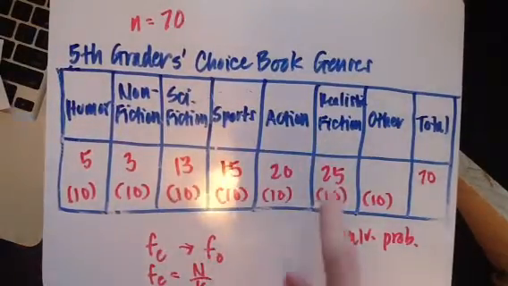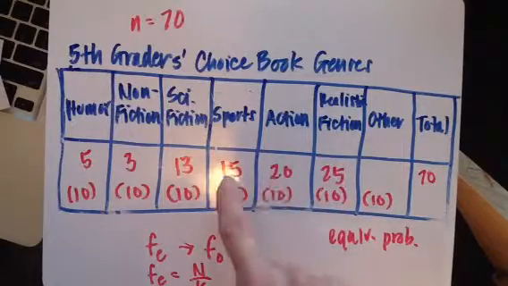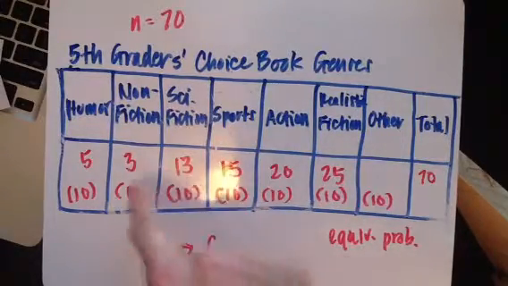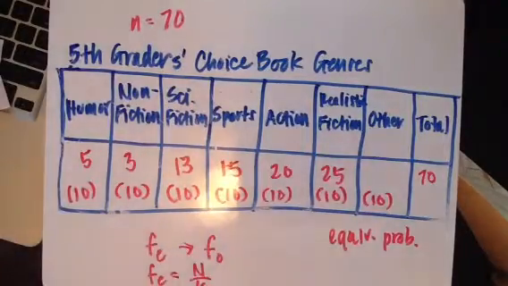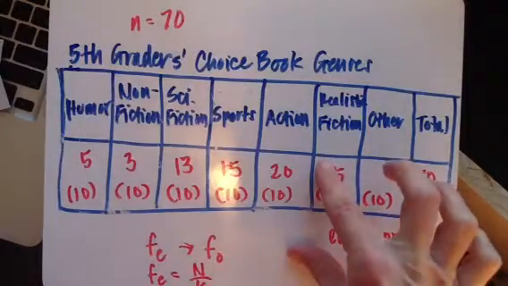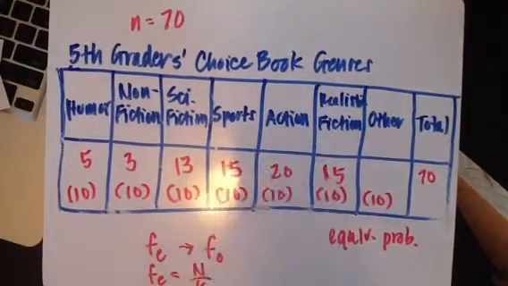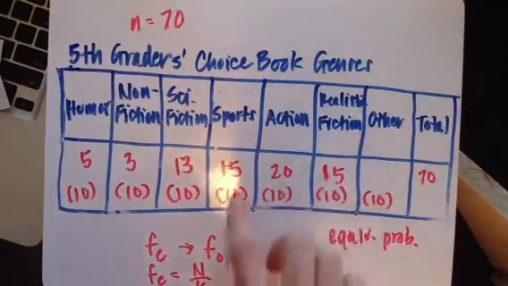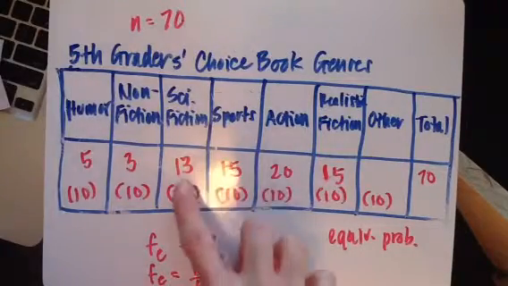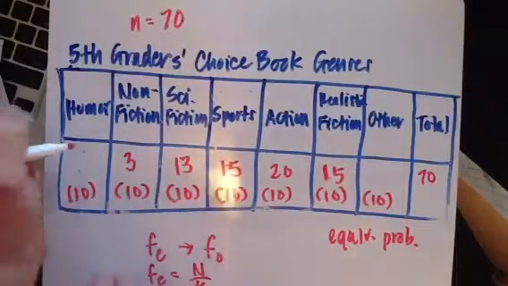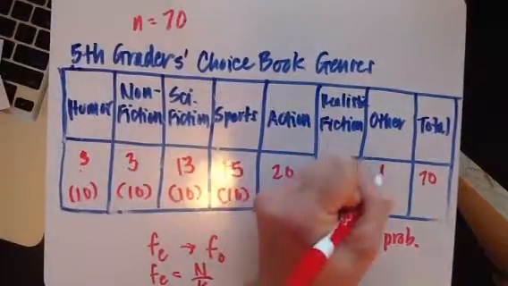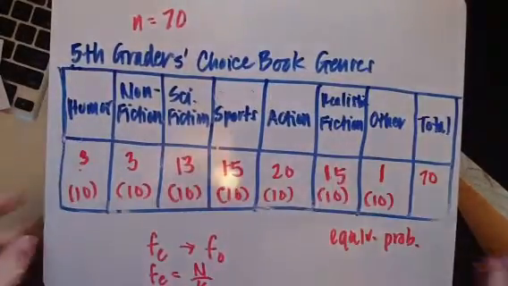Oh, we already have more books than we have students, so let's change this. So that means we have 30, 50, 63, we still have too many, 66, 69, 70, I think that's right, but you get the point here, okay?